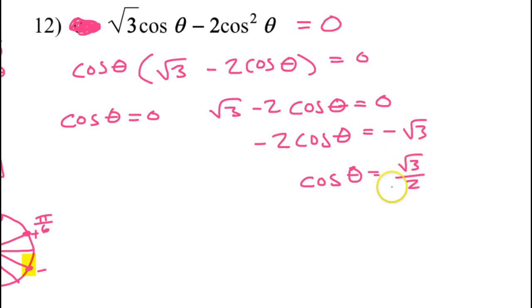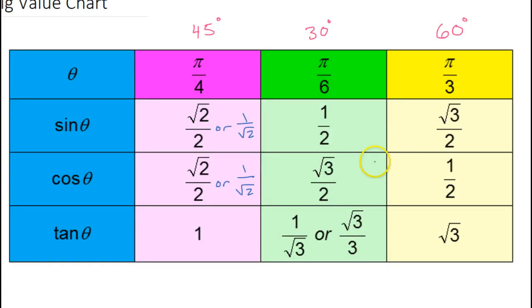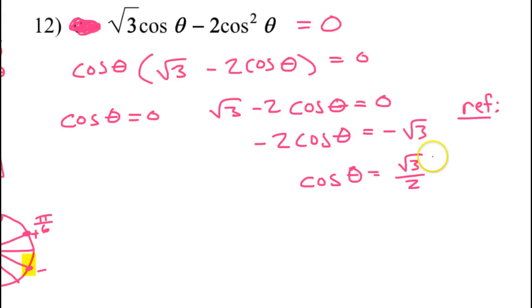A negative divided by a negative is positive. Now, what is the reference angle over here? So the reference angle, cosine of what angle is radical 3 over 2? Hopefully you were thinking pi over 6. So the reference angle is pi over 6.